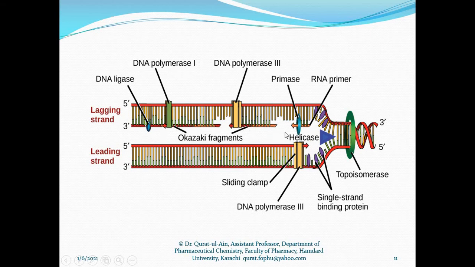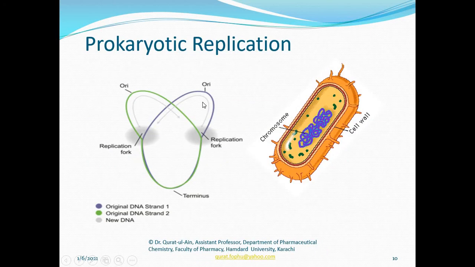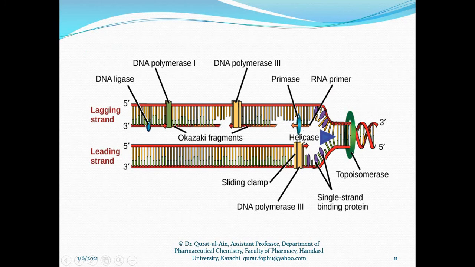As we can see here at the origin of replication, the helicase enzyme unzips the two strands of DNA. So the first enzyme involved in the initiation of replication is the helicase enzyme.